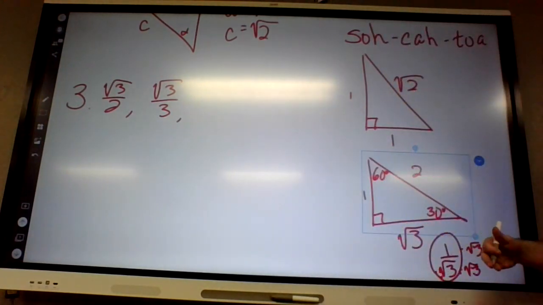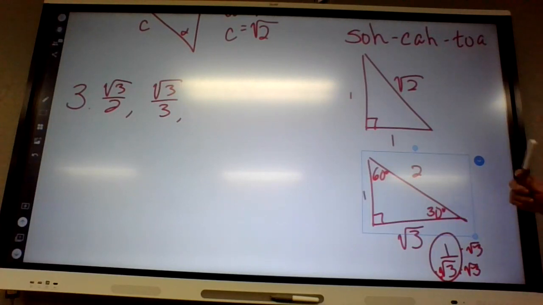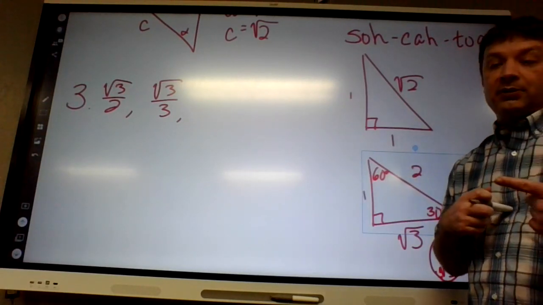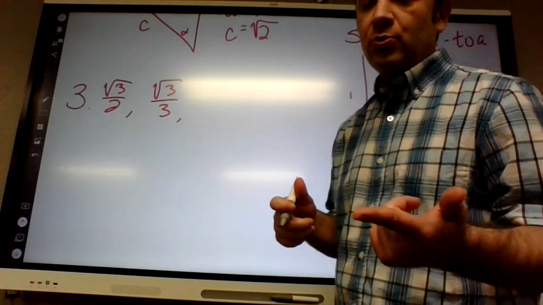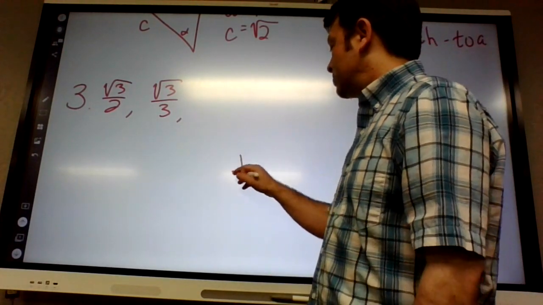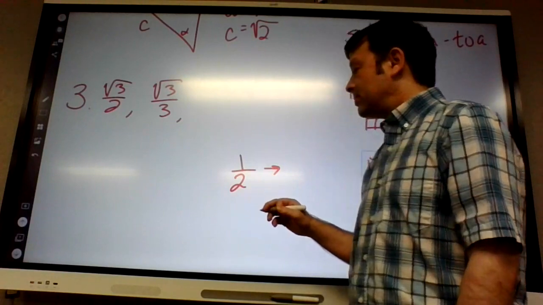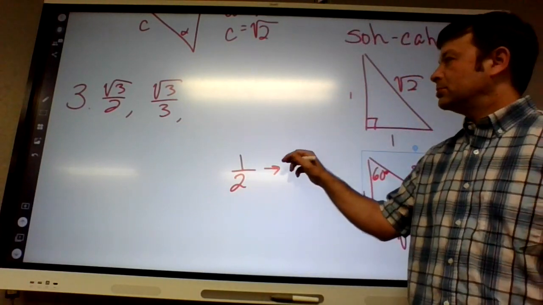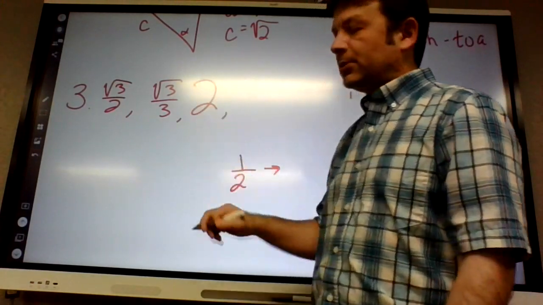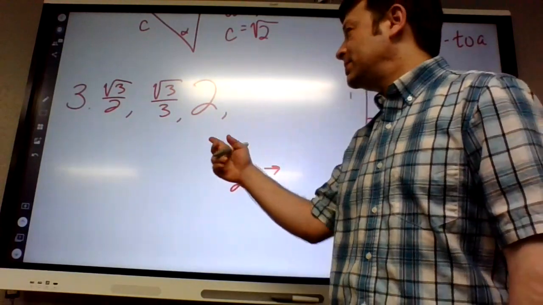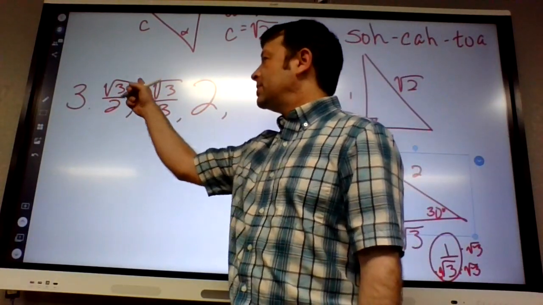So anyway, the next one is cosecant. So cosecant, remember, is just sine upside down. So if sine is 1/2, what's 1/2 upside down? What's the reciprocal of 1/2? 2 over 1, which is 2. Okay, and then, of course, secant would be cosine upside down.